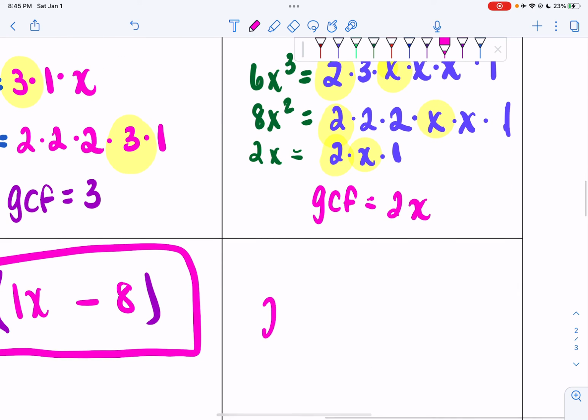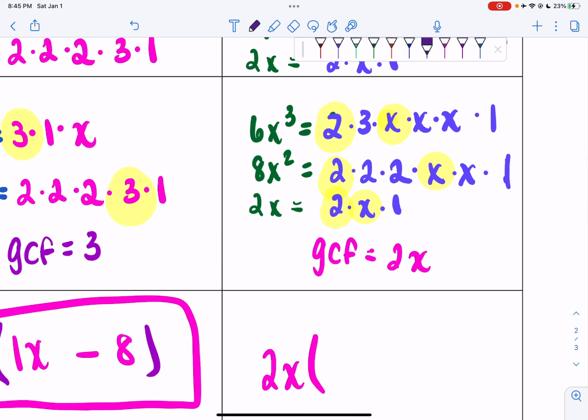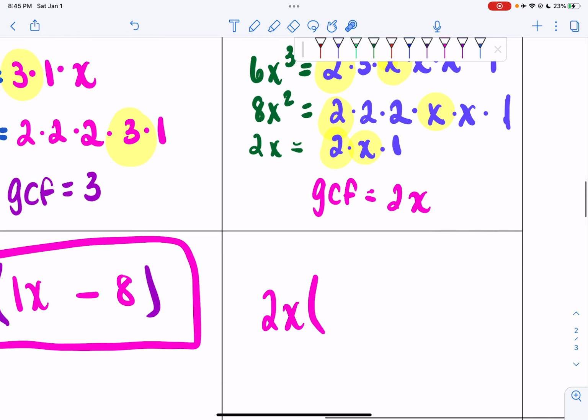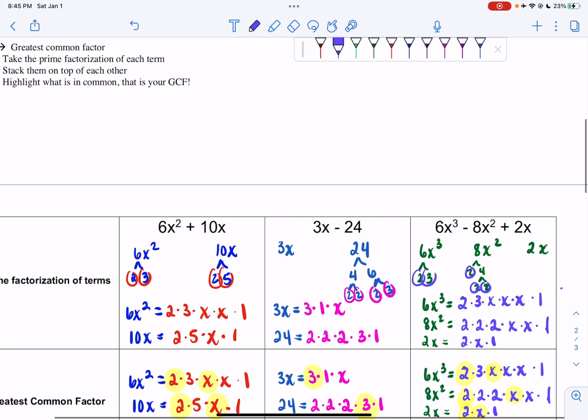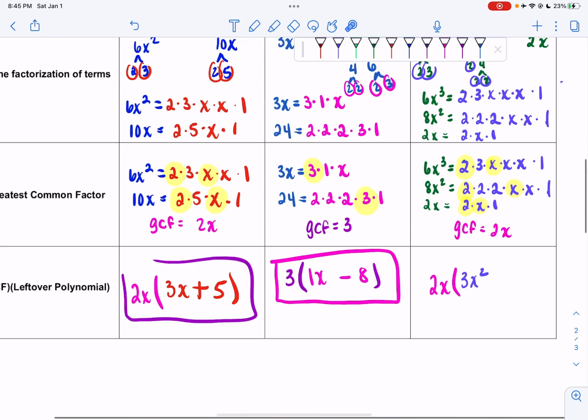So I have a 2x, and now I have to do my leftovers. If I look at my leftovers, I have a 3xx, so 3x squared, minus 2 times 2 is 4, times x is 4x, times 1 is 4x.